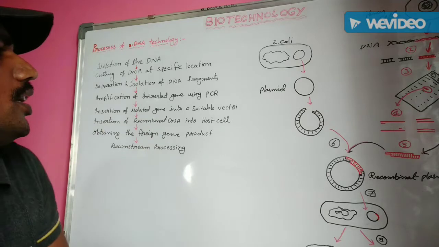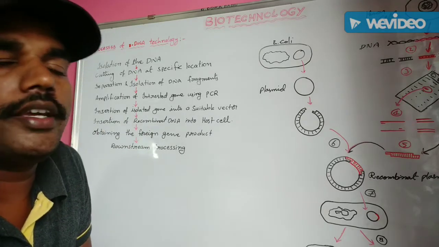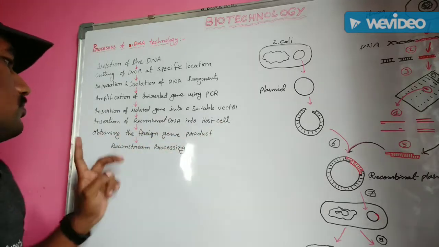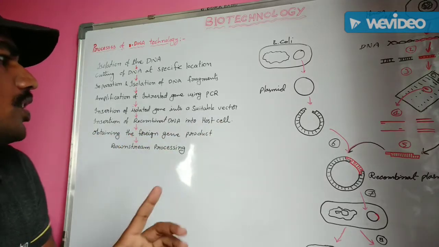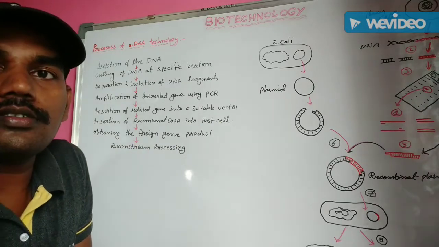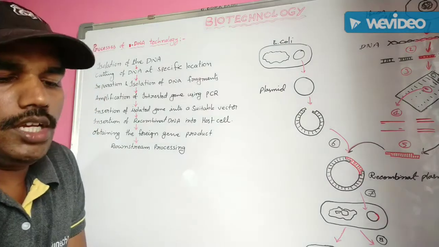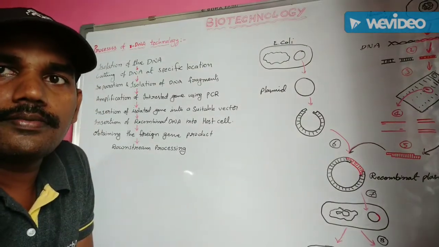Then insertion of recombinant DNA into the host organism. Generally, Escherichia coli cell is the host organism. Then obtaining the foreign gene product, and the last one, downstream processes. These are the main steps involved in recombinant DNA technological processes.